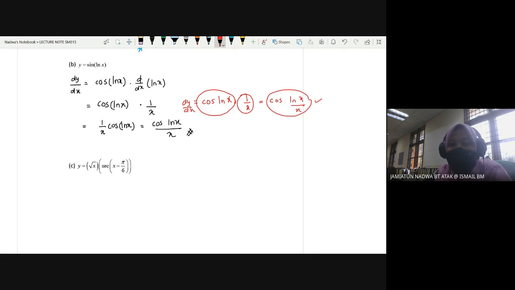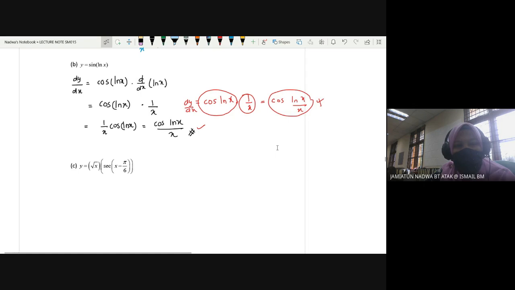Bukan ni sahaja because this is wrong. This is the correct one. Okay. So, saya bukan ajar awak untuk dapat jawapan akhir sahaja, but I have to tell you the trick for this question. So, kita dah nak final exam kan. So, saya tak naklah awak termasuk dalam perangkap-perangkap yang macam ni. Jangan ya. Alright, next one.